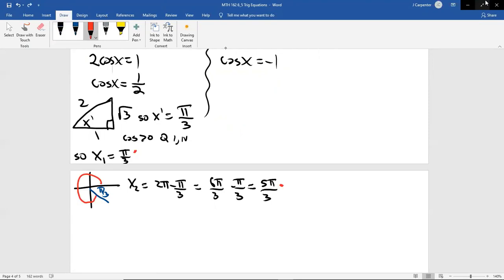So you go back to, all right, well, where is cosine negative? Well, cosine goes like x, the x coordinate on the unit circle, and -1 is right here. That's our -1 comma 0. The x coordinate's -1. In terms of an angle, that's 180 degrees. So x has to be equal to pi, 180 degrees.